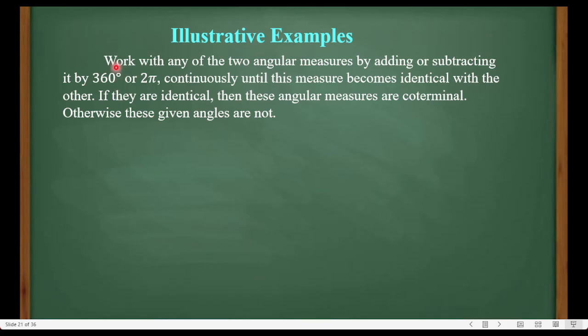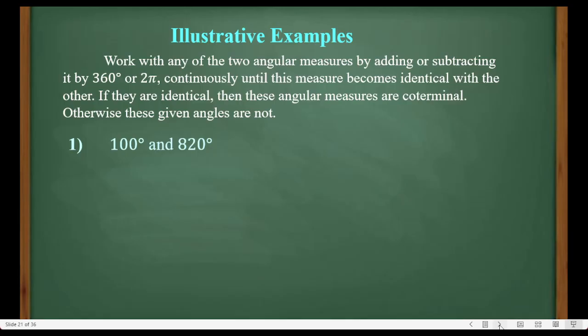So 360 degrees if the given angle is in degrees, but if the angle is in radians, we use 2 pi. So continuously add or subtract to that angle until this measure becomes identical with the other. If they are identical, then these angular measures are coterminal. Otherwise, these given angles are not.